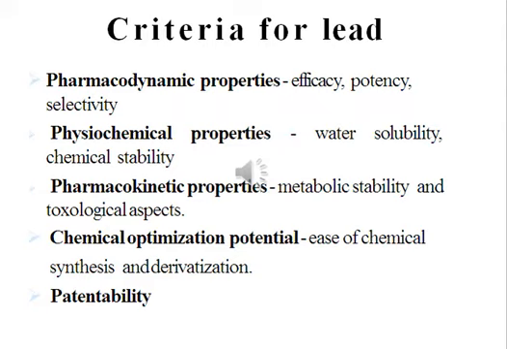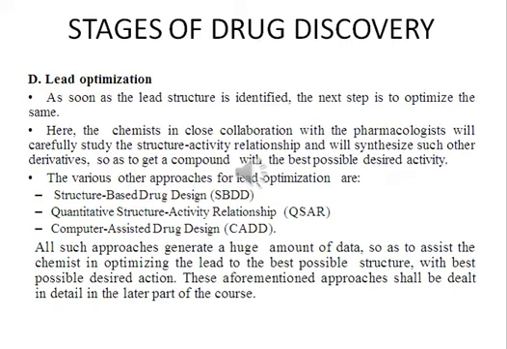If a lead already exists, it cannot be a lead. So these are the 5 criteria for a compound to be considered a lead: optimum pharmacodynamic properties, optimum physicochemical properties, optimum pharmacokinetic properties, some potential for chemical optimization, and it should be patentable.